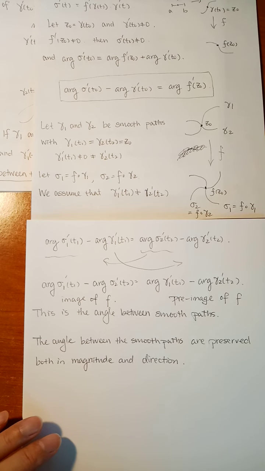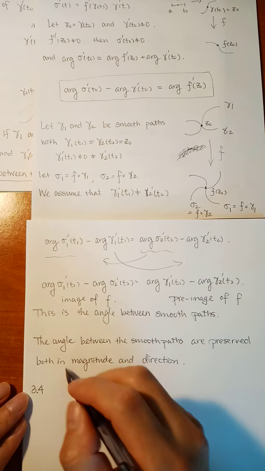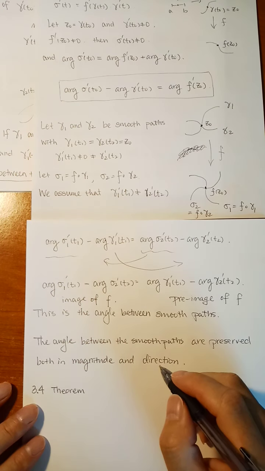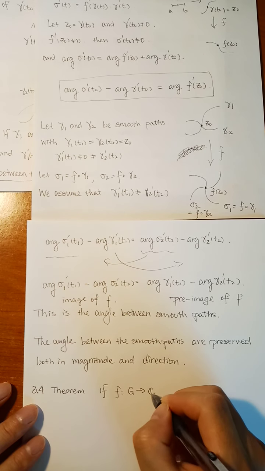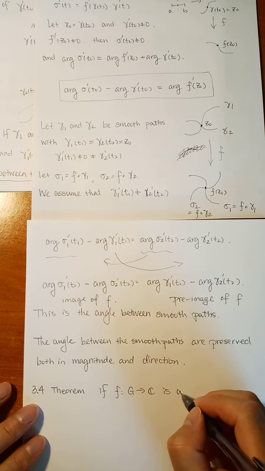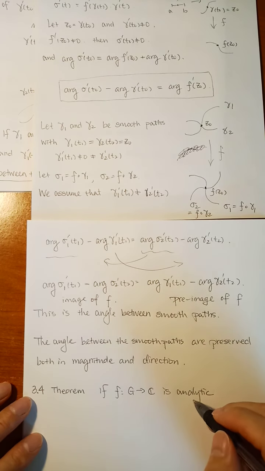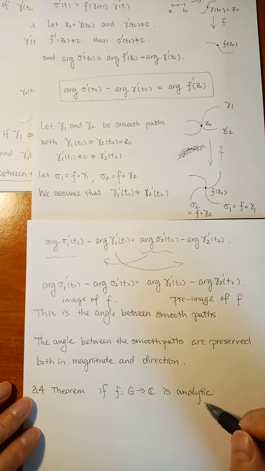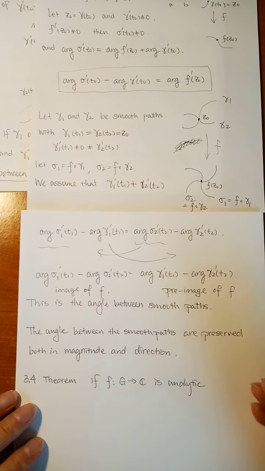Okay, so that is the proof of Theorem 3.4. If f from G to C is analytic, we need analyticity, not just differentiability, because analyticity contains continuity. With the continuity, sigma will be continuously differentiable.